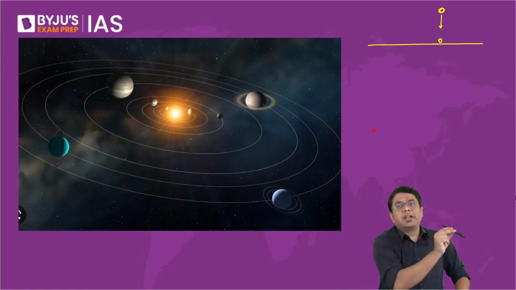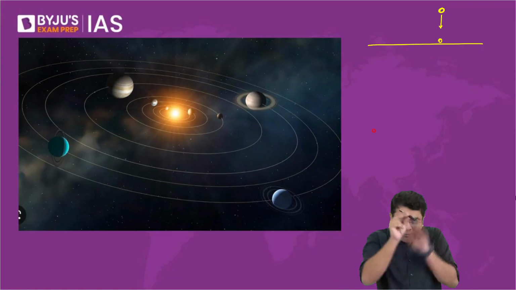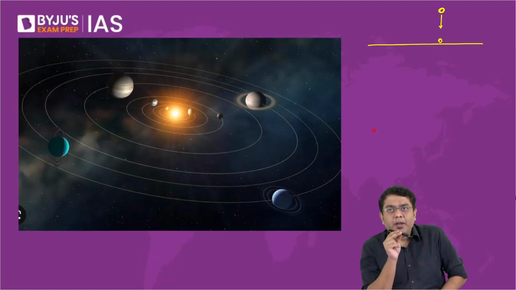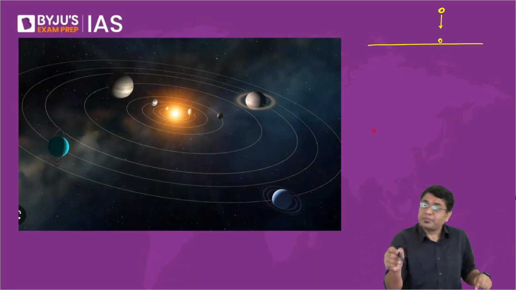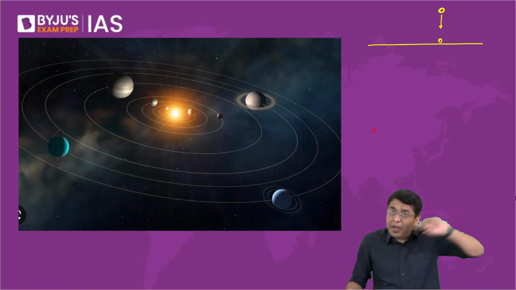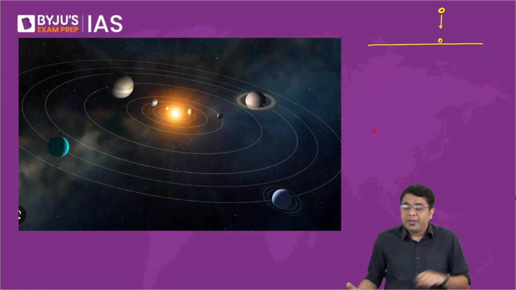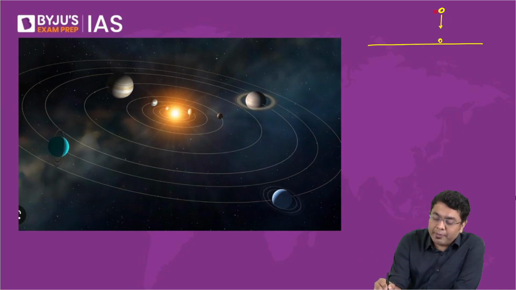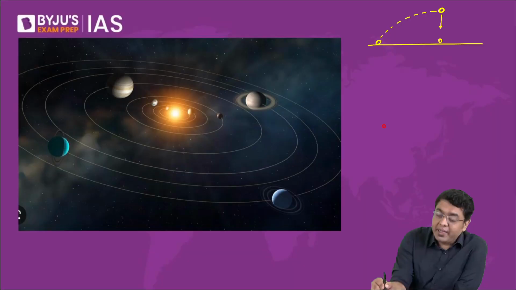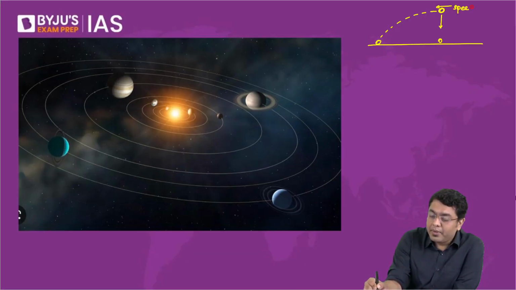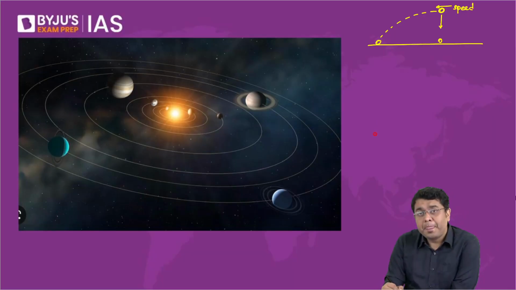I throw this with a kind of a speed. Will it fall down immediately here? No, it will fall down somewhere ahead. Similarly, if I provide some velocity to this ball, it will be a kind of a projectile. It will fall somewhere there, again aided by gravity, but just because it has got a speed.